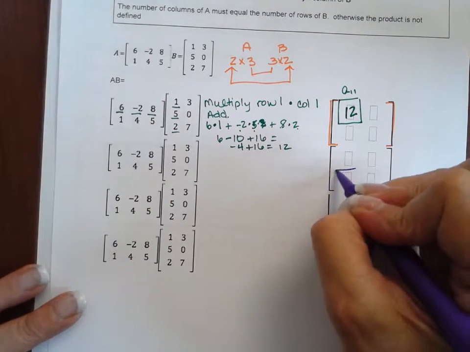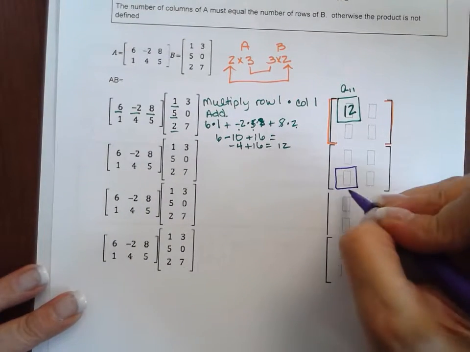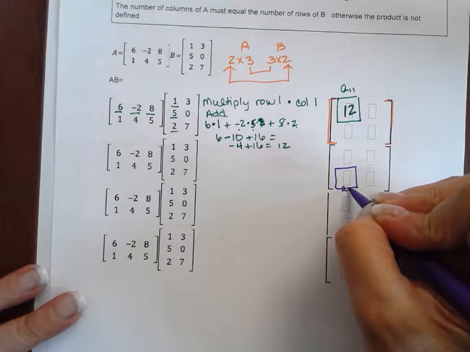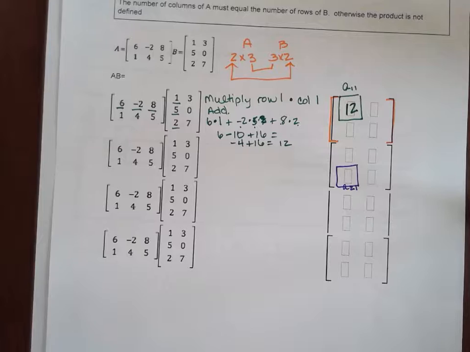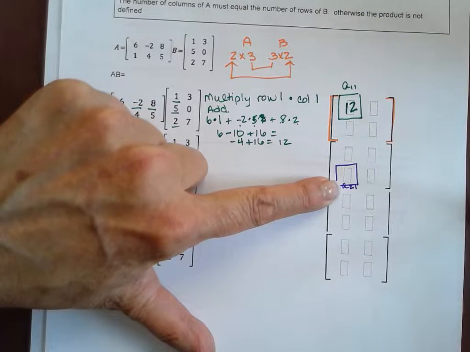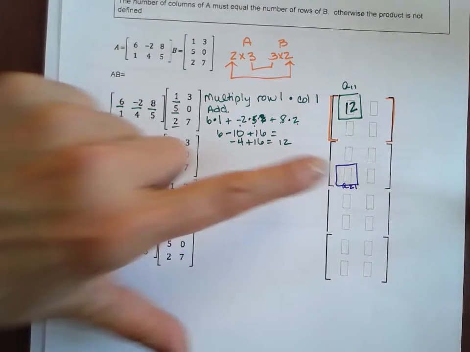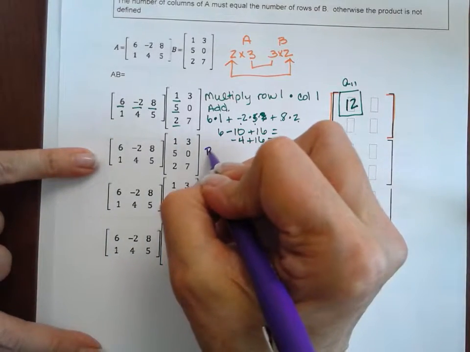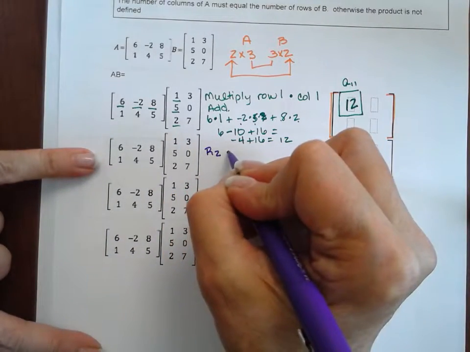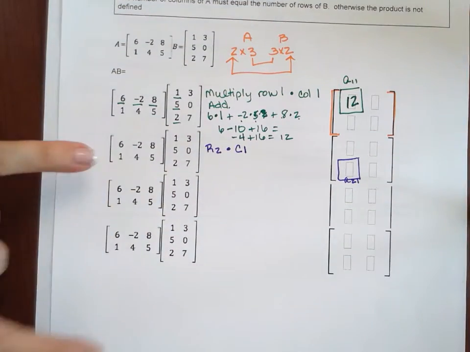All right, this position is a 21, right? Because it's row 2, column 1. So that means I'm going to multiply row 2 times column 1.